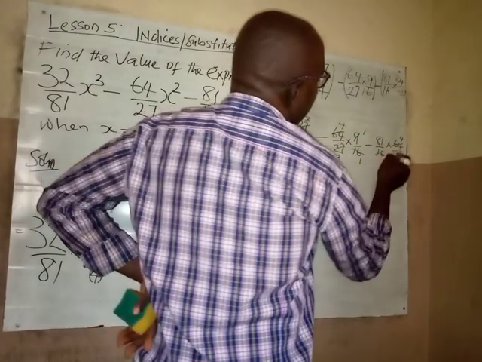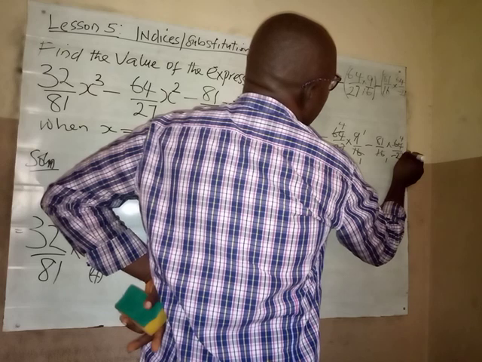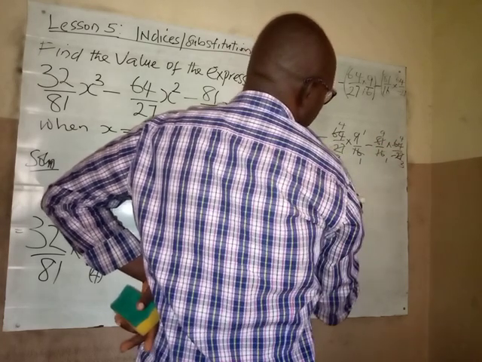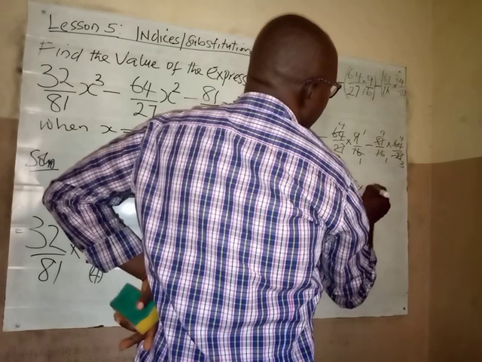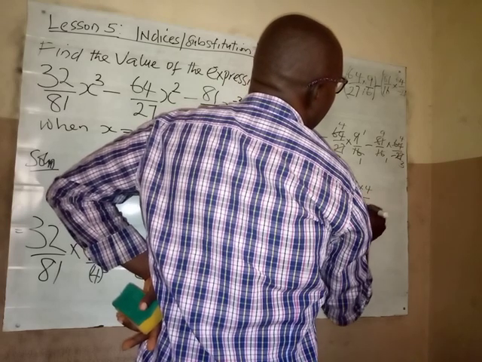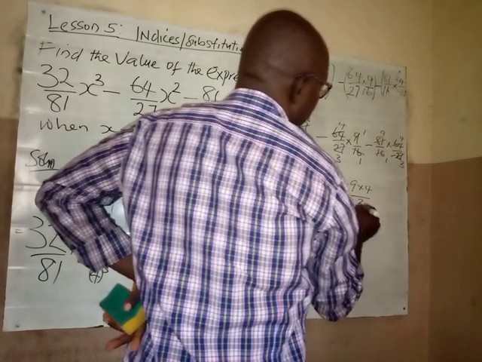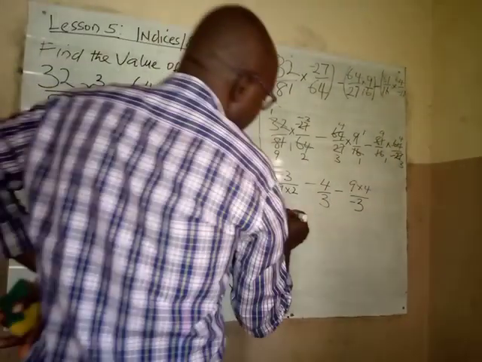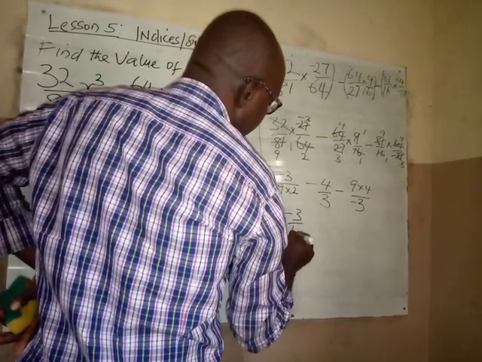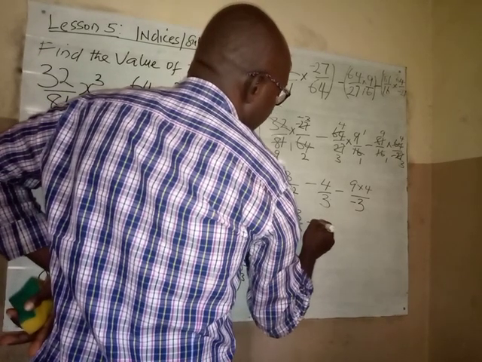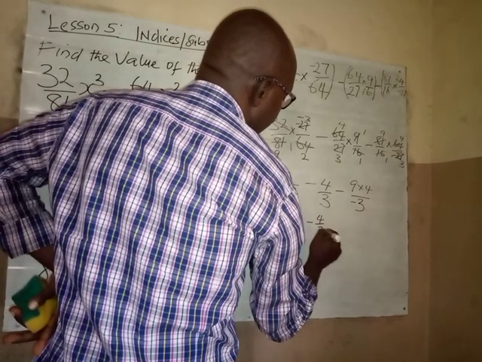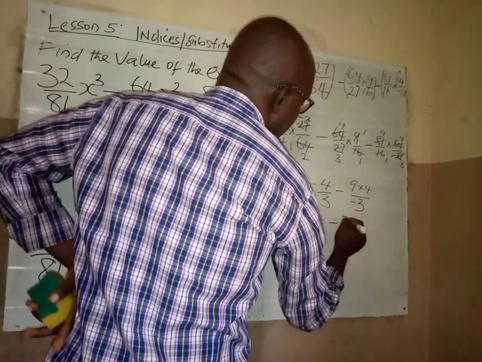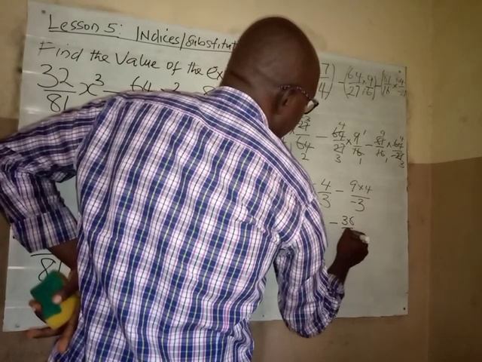Then 9 goes here 3, minus 3. 9 goes here 9, minus 9 times 4 over minus 3. Okay. So I'm now going to have minus 3 over 18, minus 4 over 3, minus 36 over minus 3.